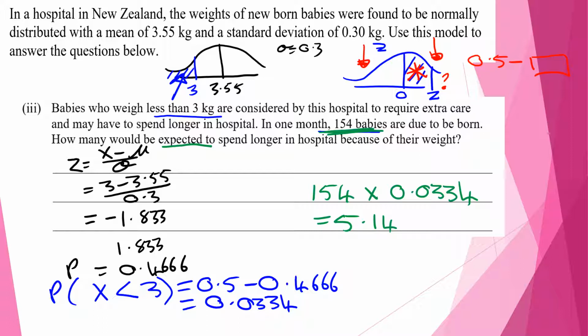We would normally say either 5 babies in this case, or 6. Now, if you had the answer 6, you would be fine. That's fine as well, because 5 will not quite give us that probability, so we'd need to have one more baby to give us that probability. So either interpretation of that answer would be fine, 5 or 6.